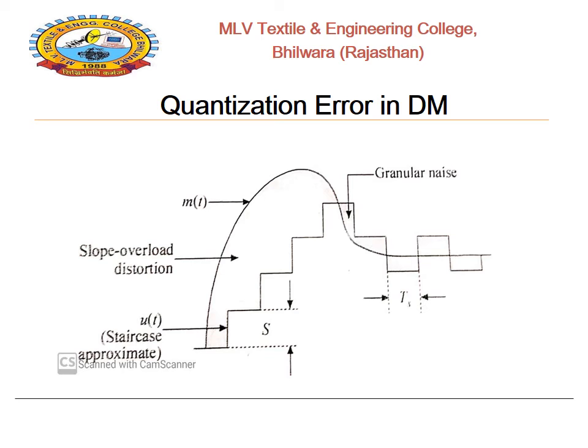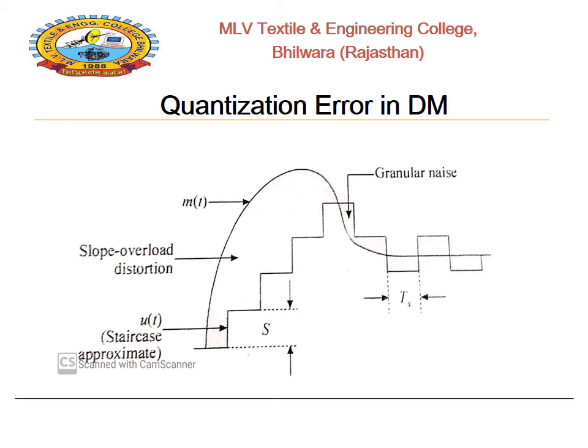The step size has become too small for the staircase signal to follow the steep segment of m(t). Thus, there is a large error between the staircase approximated signal u(t) and the original input signal m(t). This error is known as slope overload distortion. When the slope of the m(t) signal is high, the staircase approximated signal will not cover it, so this section is represented by slope overload distortion.